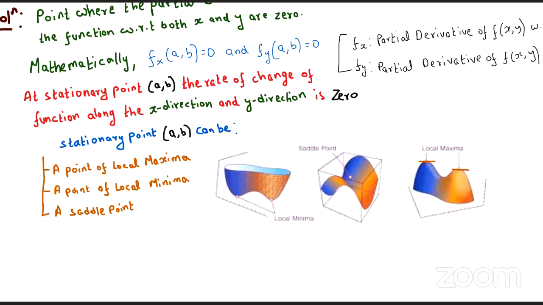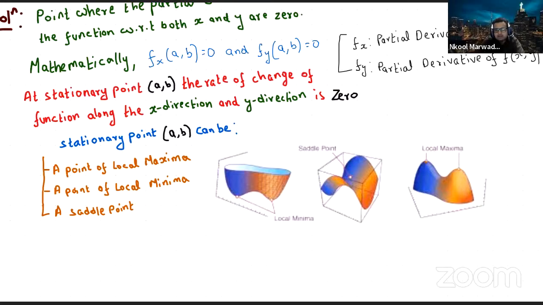Yes, sir. And in local minima also the slope is zero. So these are stationary points. At a stationary point the slope is zero, so either it can be a minima or a maxima, and that stationary point can also be a saddle point.